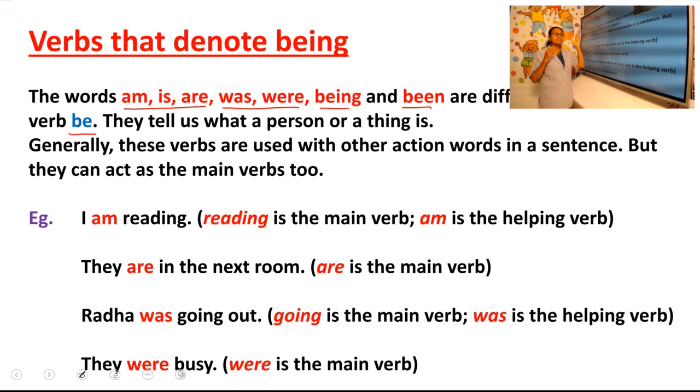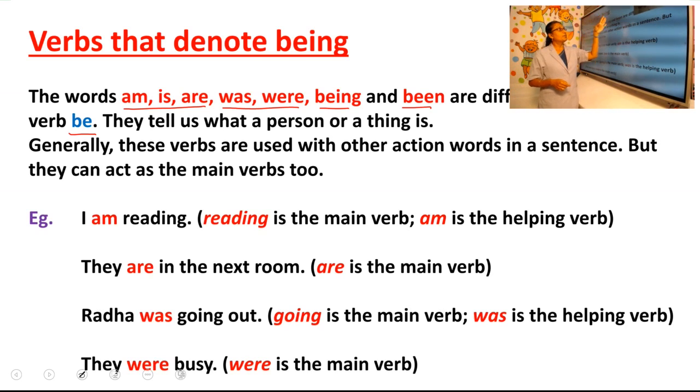Was we use with singular subjects: I was, he was. Were we use with plural subjects: they were, we were. And being is the ing form of be. Been is the past participle form, the third form of be. So you should learn all these be forms by heart.